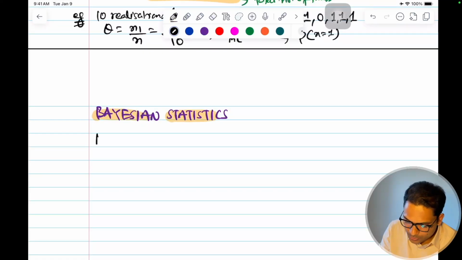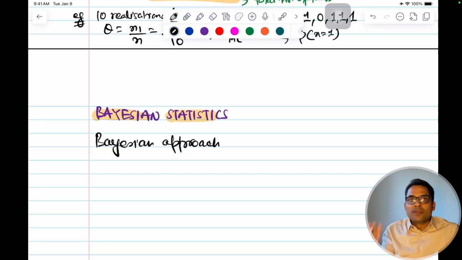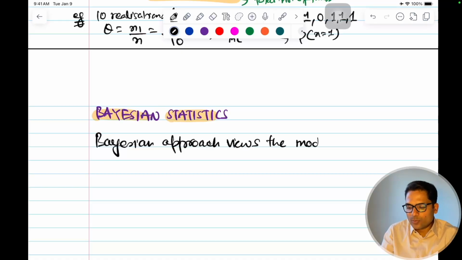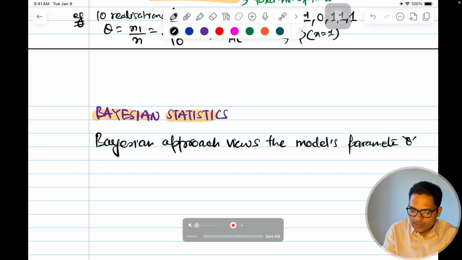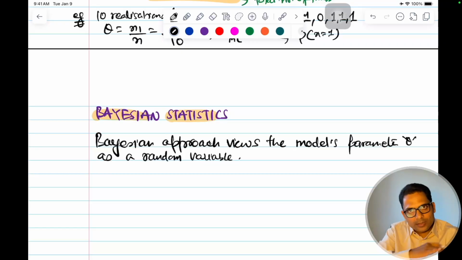As we mentioned earlier, the Bayesian approach views a model's parameter theta, which needs to be estimated, as a random variable. It means it is not one point but a complete probability distribution.